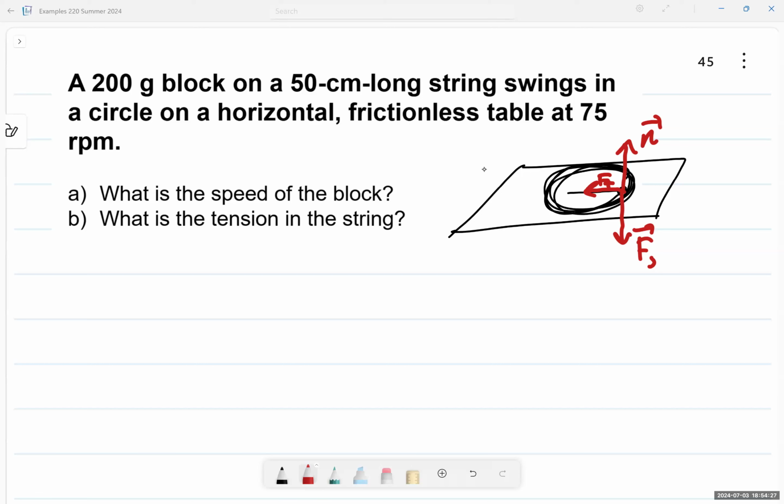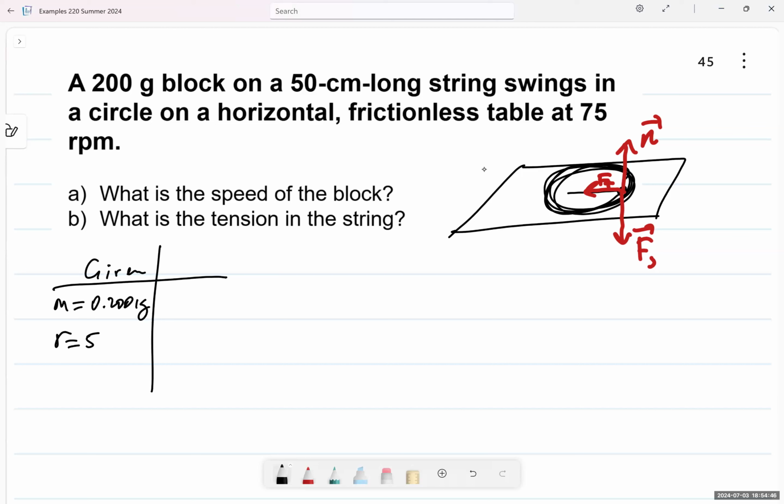All right, let's see what is given to us. Mass is equal to 0.2 kilograms. Radius is equal to 50 centimeters, so 0.50 meters.